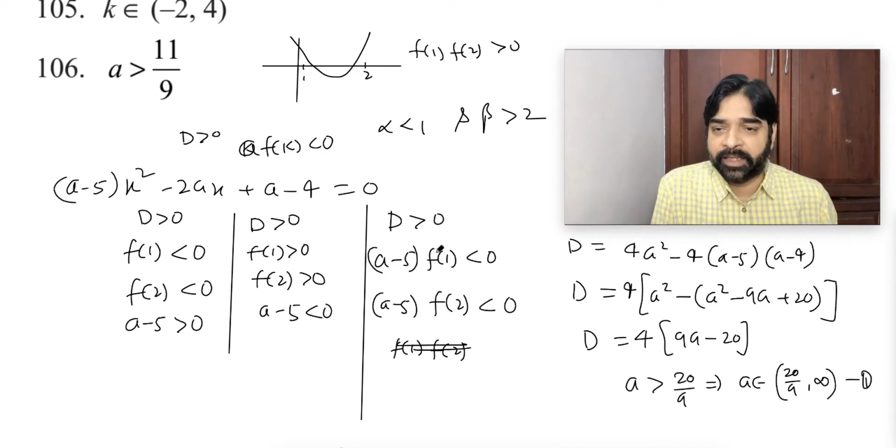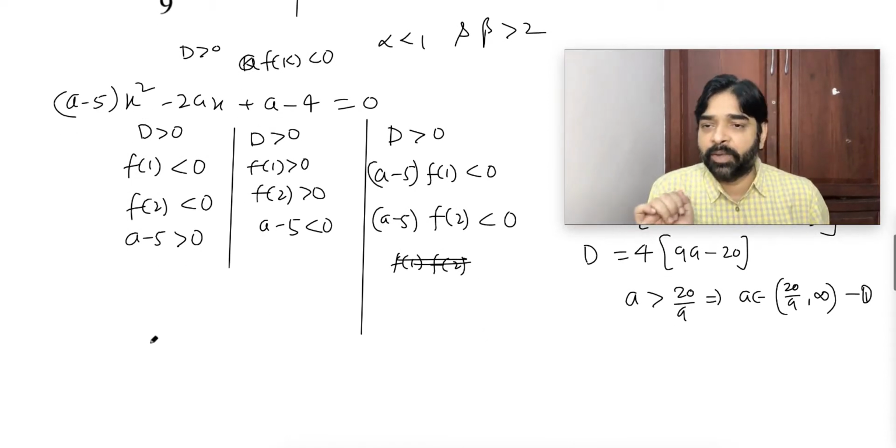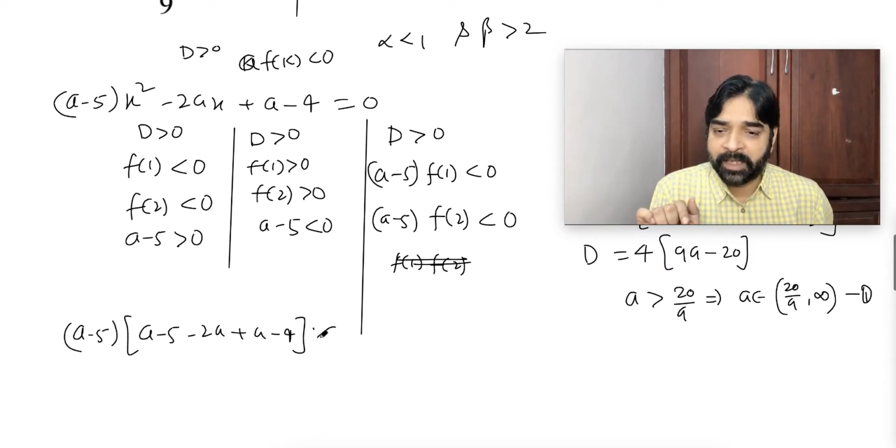Now second condition. What is the second condition? a minus 5 into f of 1. F of 1, put 1 here. So a minus 5 minus 2a plus a minus 4 must be less than 0.